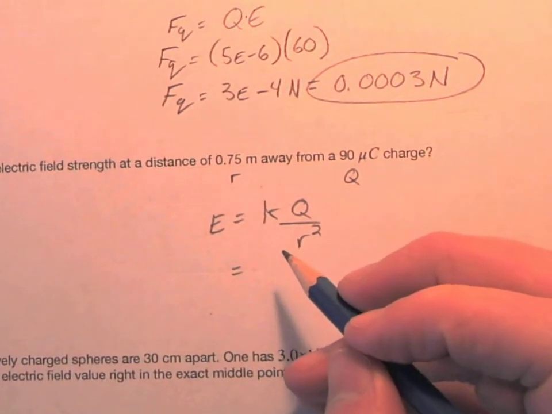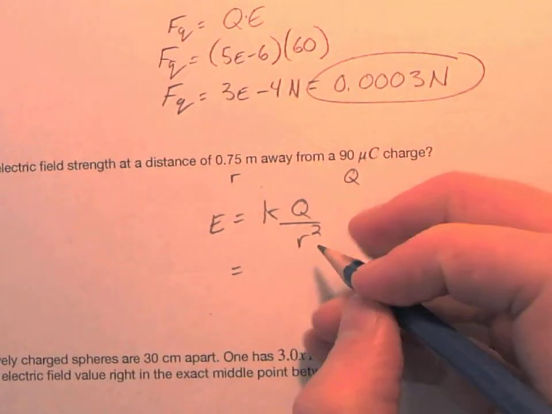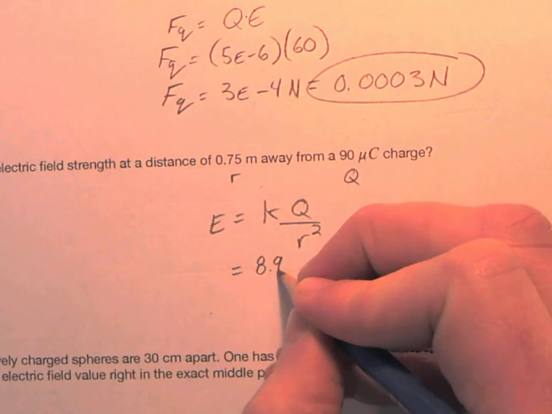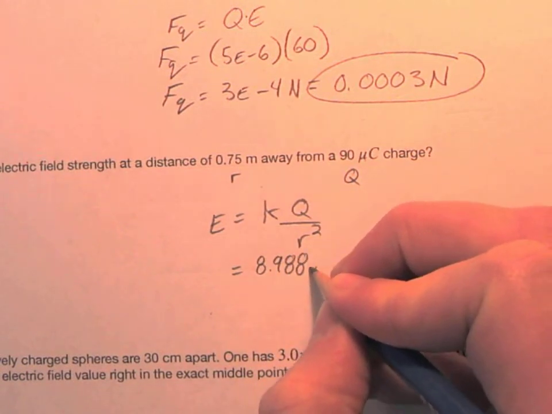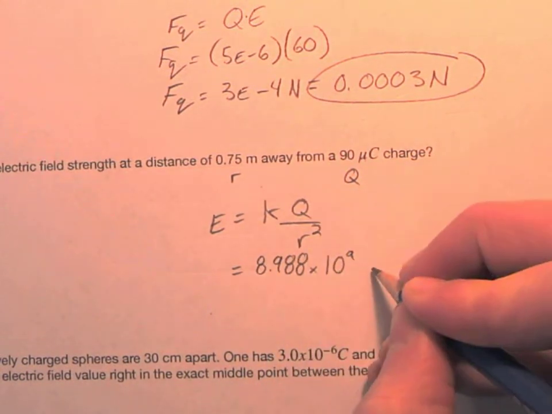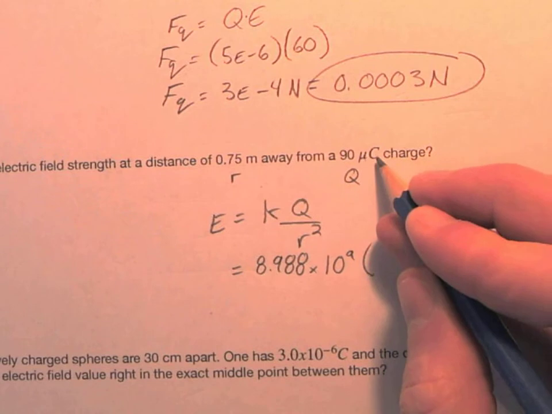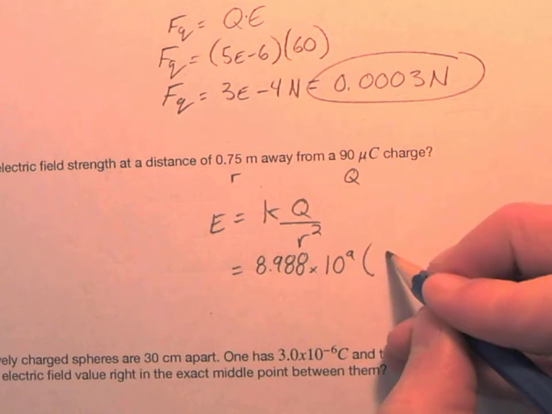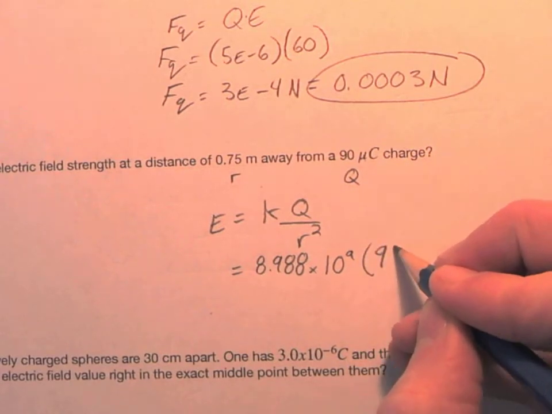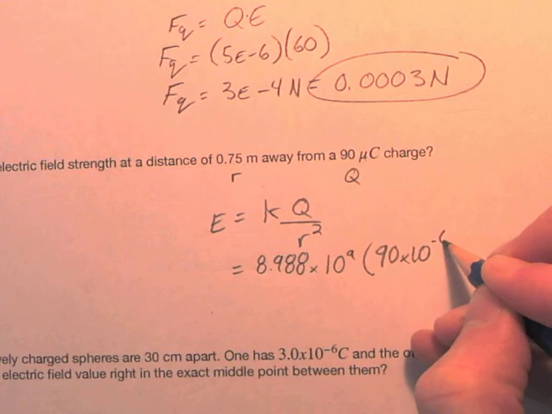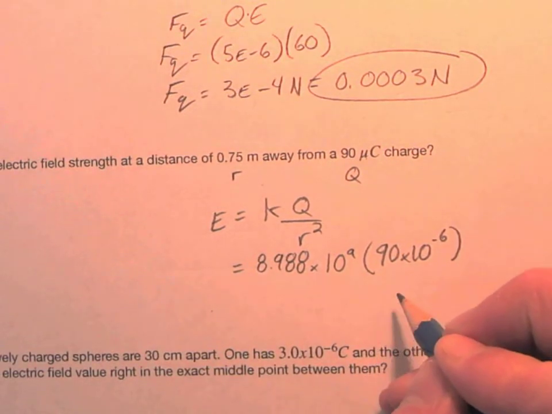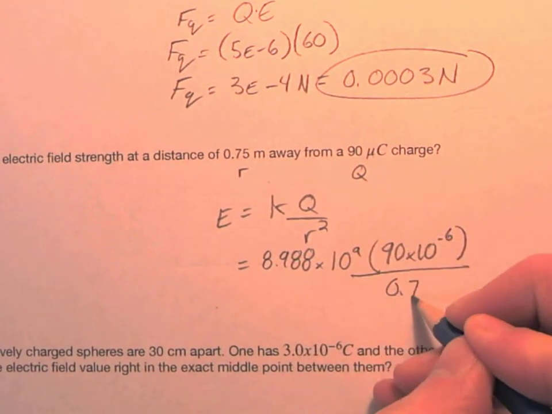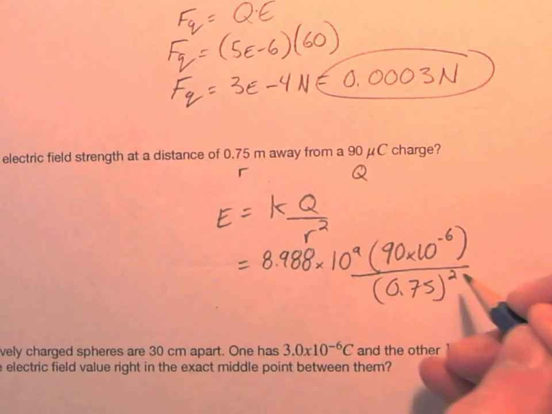What's the constant again? It's 8.98 times 10 to the 9. Our q charge is 90 microcoulombs, or 90 times 10 to the negative 6. And then our r is 0.75 squared.